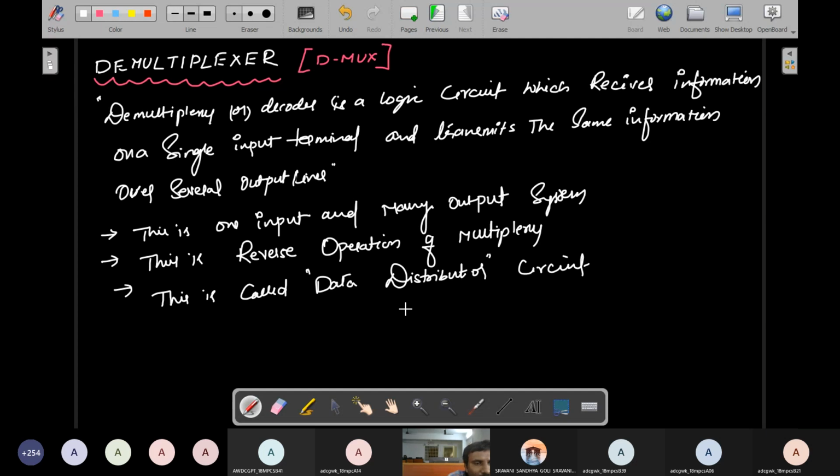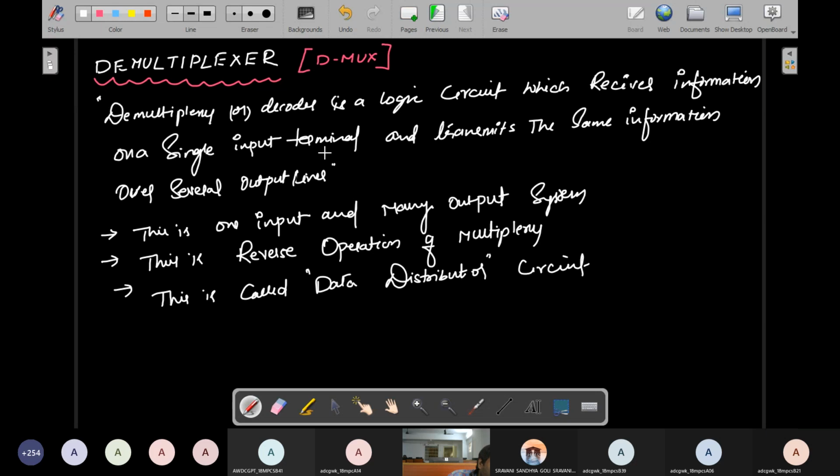It is a one input and many output system, and a reverse operation of a multiplexer. It is also called a data distributor. Multiplexers are data selectors, but demultiplexers are data distributor circuits. This is the only difference between multiplexer and demultiplexer, understand?